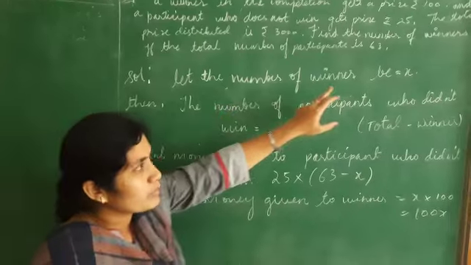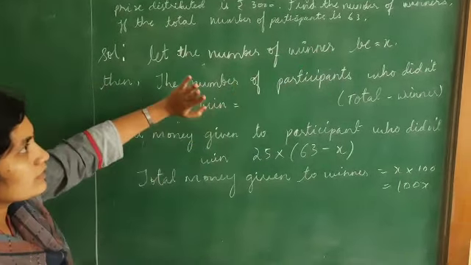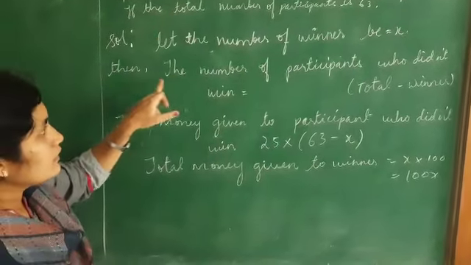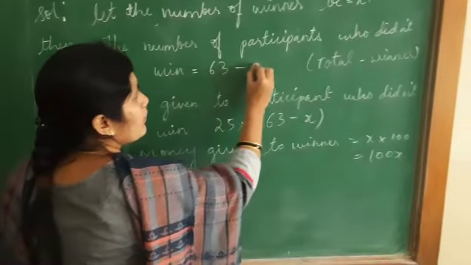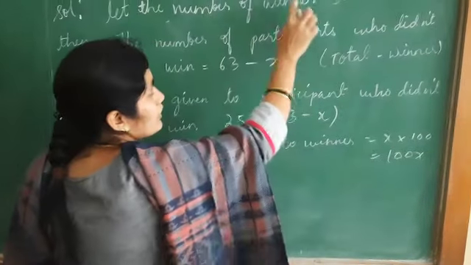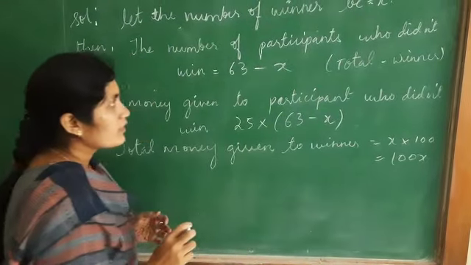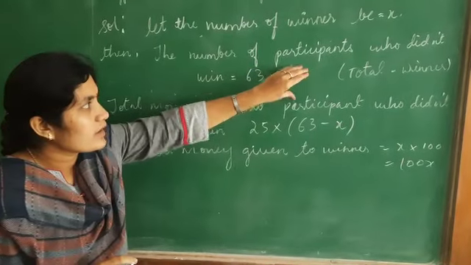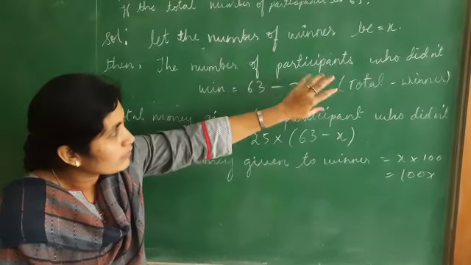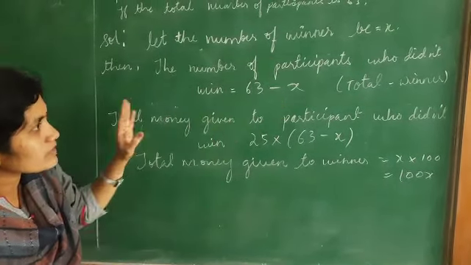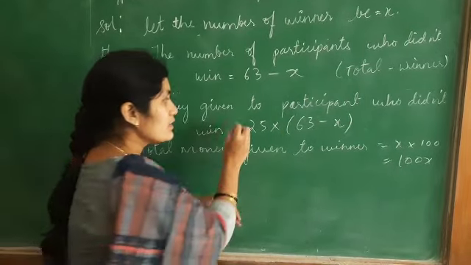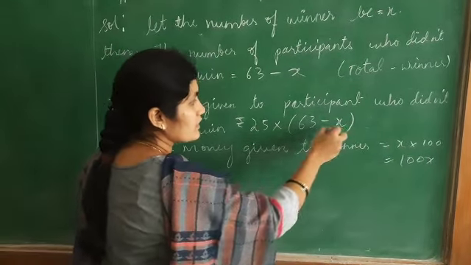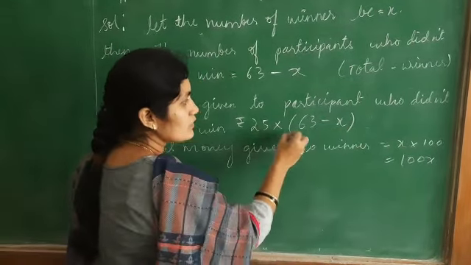Let the number of winners be x, because we don't know, we will consider it as a variable. Then the number of participants who didn't win is 63 minus x, total minus winners. Once you subtract the winners from the total, you get the participants who didn't win. Now the total money given to participants who did not win is 25 rupees into 63 minus x, because we don't know even the participants who did not win.